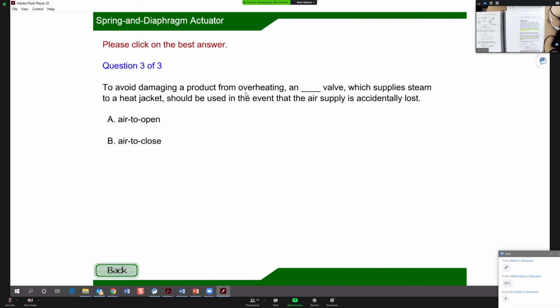To avoid damage to product from overheating, what type of valve should be used in the event where the air supply is accidentally lost? A. Now you get it right.